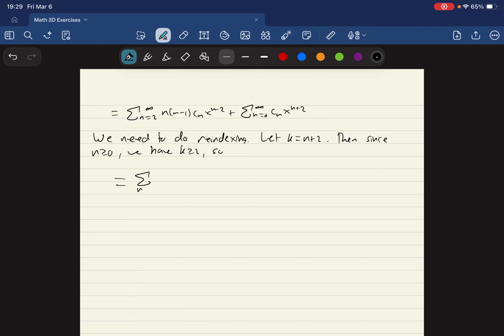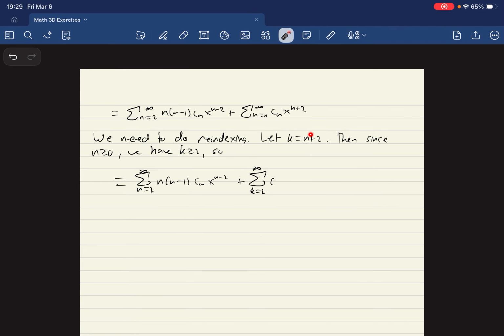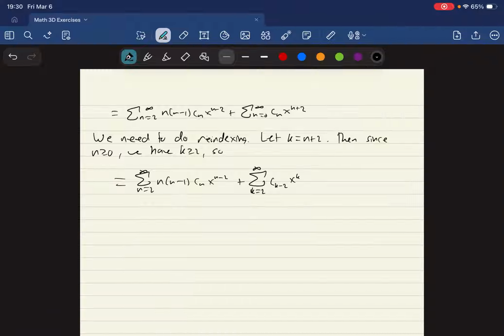So our series becomes the sum from n = 2 to infinity of n(n - 1) c_n x^(n-2), plus the sum from k = 2 to infinity of, and if we solve for n, we get c_(k-2) x^k. And so now we have this series here.